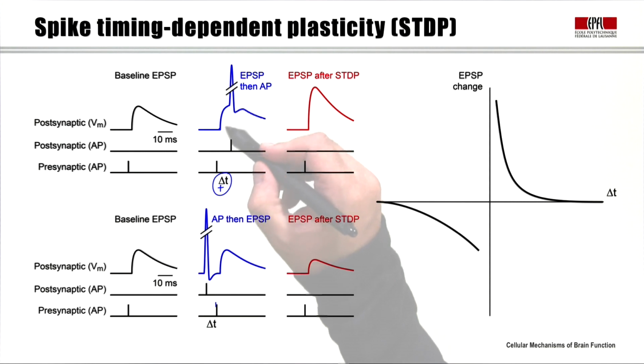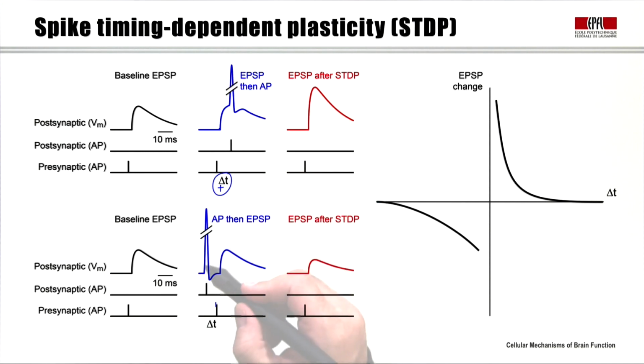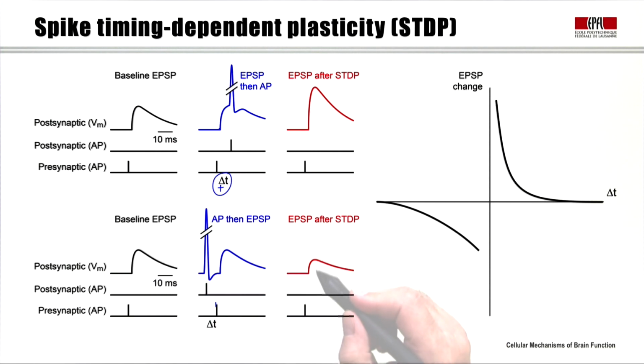Here the action potential was riding on top of the EPSP, now the action potential precedes the glutamatergic input onto the cell. And what is found is that the EPSP now decreases in amplitude, and so we now have a decrease in the efficacy of the EPSP when we've reversed the timing of the pre and the postsynaptic cells.